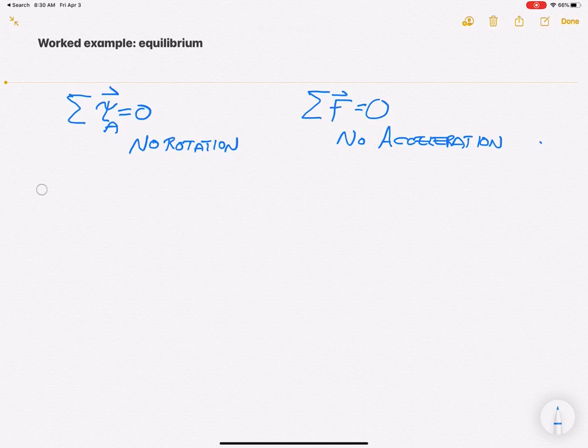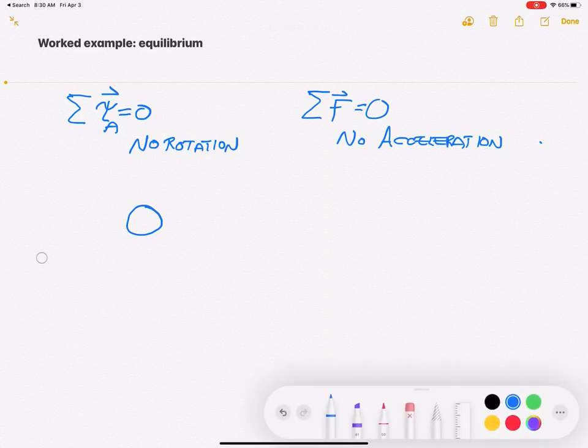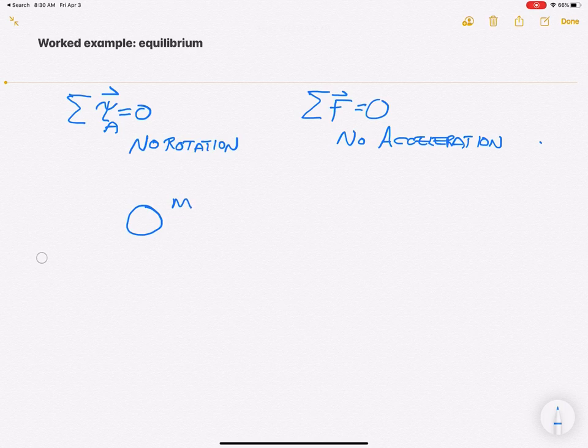Okay, so let's take a heavy pulley, and by heavy I mean it's going to have a mass and it's going to have a radius to it. Let's make the mass something comfortable.